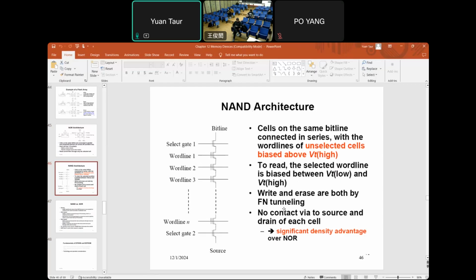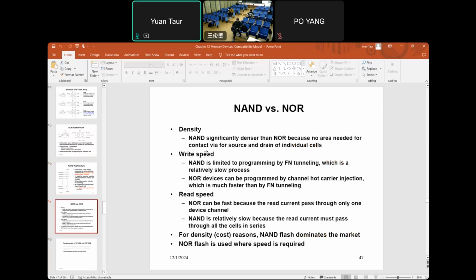So with this, we have much better density for the NAND architecture, with the cells in series rather than in parallel. Okay. But the speed in NAND is a trade-off.